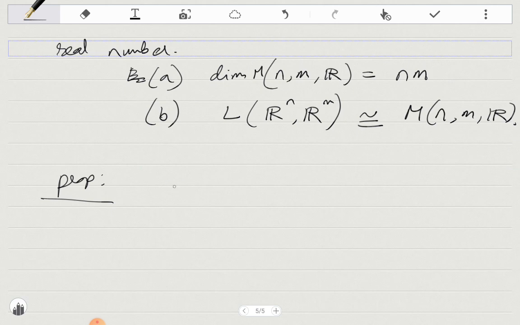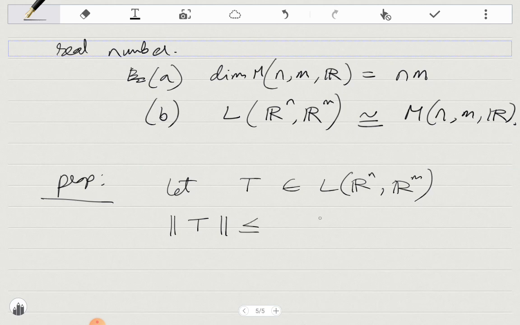So, let T be a linear transformation. Then the operator norm of T is less than or equal to the square root of the summation of Tij squared, summation over all i and j.